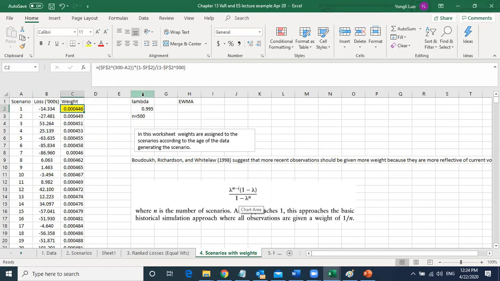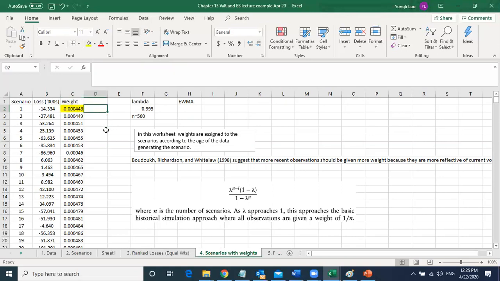Then you multiply by 1 minus lambda, fixing that cell, and divide by 1 minus lambda raised to the power of n. That's your weight.